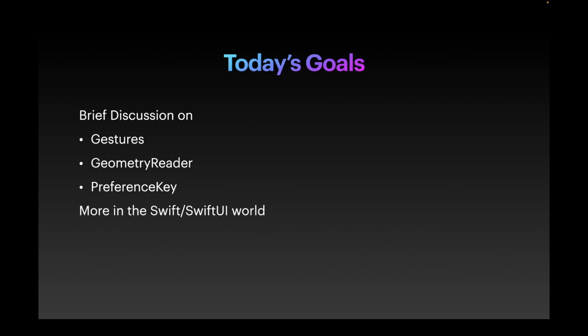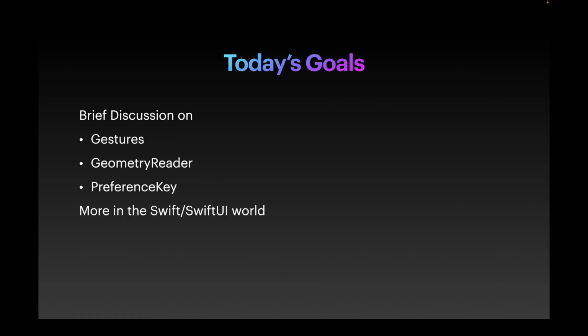For example, we have talked about the environment object. We can also just pass the data to the child view, so the child view can have access to data from the parent view. It's quite an intuitive way. However, you may sometimes want to pass data from the child view to the parent view, and in that case you want to use the preference key.